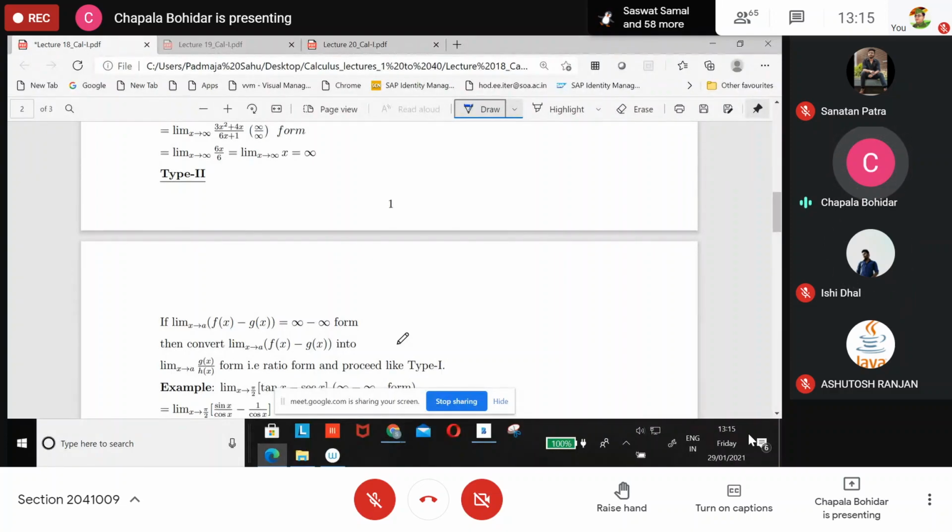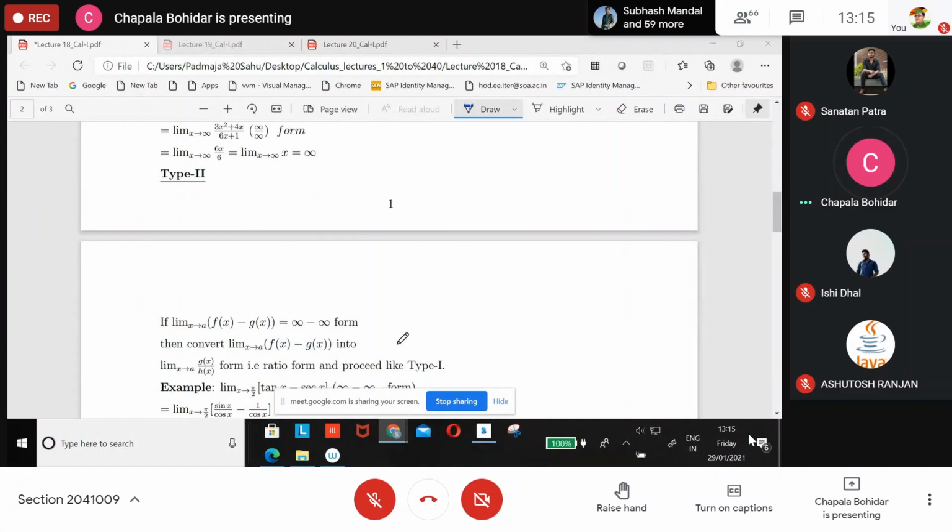Limit x tends to infinity, f(x) minus g(x). What are we getting? We are getting an infinity minus infinity form. Then we convert it to type 1, then rationalize, then we solve it.